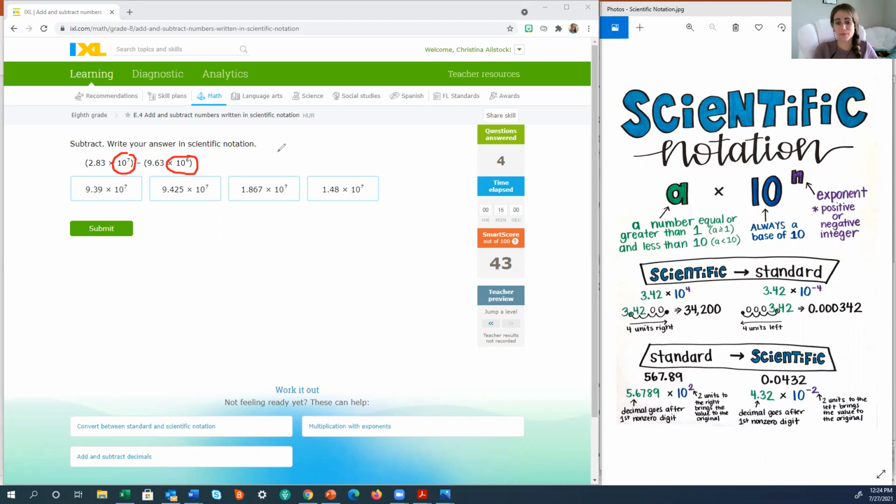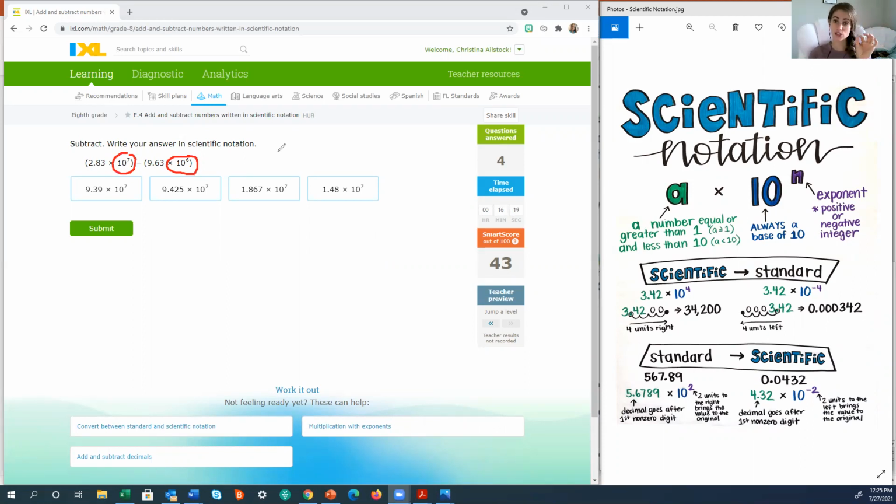Like last time, that means we need to change one of them so it will no longer be in proper standard form, but I have to change it so that I can subtract. Even though it doesn't matter which one you change, I want to work smarter, not harder.